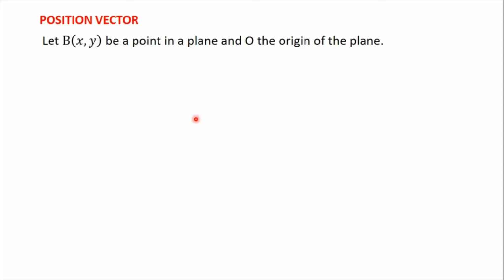What is a position vector? Let's say that we have this point B, in a plane, and O is the origin of the plane. Now this is what we are talking about. We have our x and y plane.